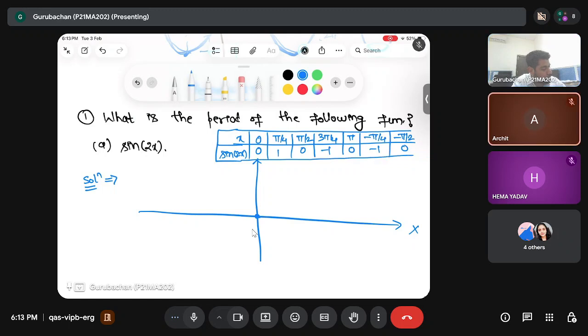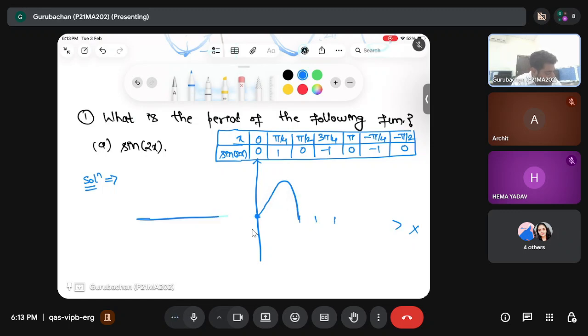So let us draw over it. Suppose this is pi by 4, pi by 2, this is 3 pi by 4, and this is pi. So it will go like this, and again in the same way.